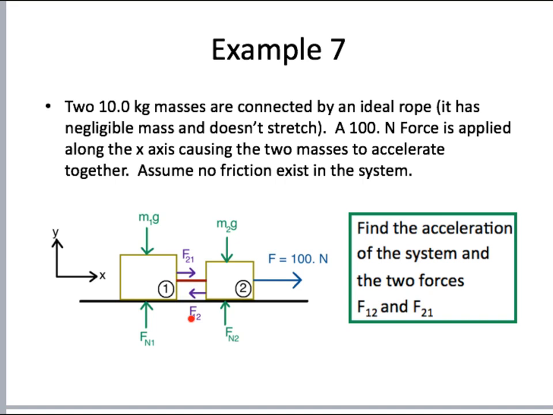This is the force on block 2 from block 1. And these forces are all very carefully labeled. And so the problem here is boxed over here in green, and the question is asking us, given all of these forces, find the acceleration of the system and find the two forces on the two blocks, F12 and F21.